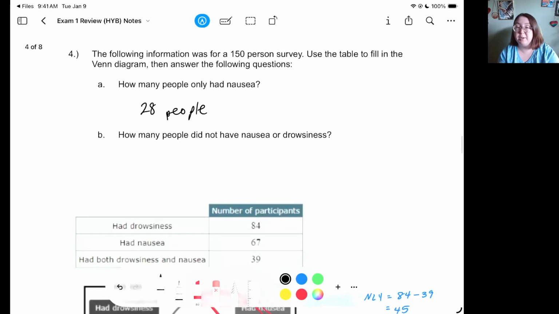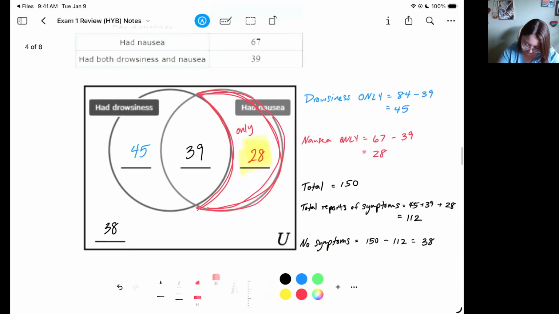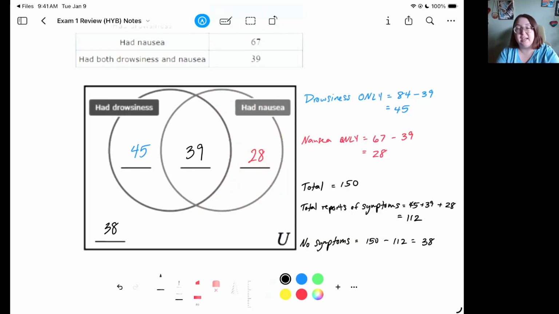Then we want to know how many people did not have nausea or drowsiness. So that last number that we found, that's going to be the not drowsiness, not nausea. We called it just having no symptoms, but just meaning no drowsiness, no nausea.